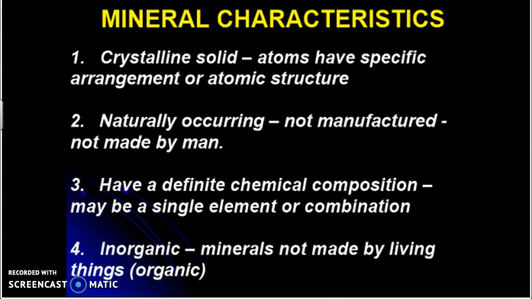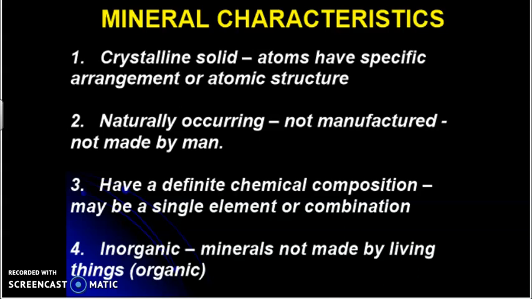The second criteria is that it has to be naturally occurring, meaning it cannot be manufactured or made by man. So, for example, a diamond is naturally occurring. That is considered a mineral. But a cubic zirconium is made by man. That is not a mineral.